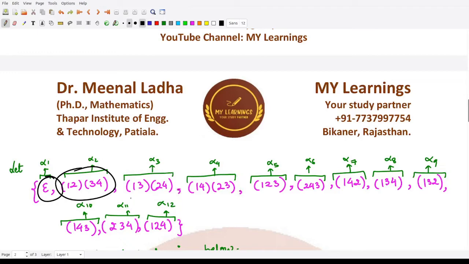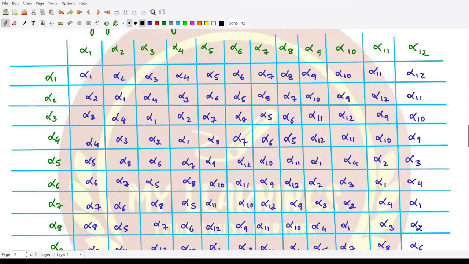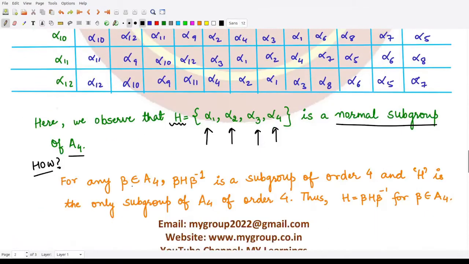Now we are saying it forms a normal subgroup. When can it form a normal subgroup? According to the result, if we take any permutation beta from this alternating group, then beta H beta inverse is a subgroup having order 4.